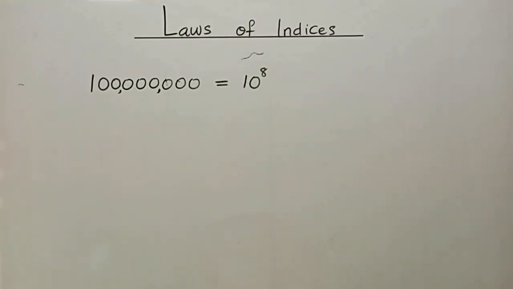And in mathematics, we're always interested in saving energy, saving space, and saving time. It is therefore important to note that indices were invented for saving these three things. That is space, energy, and time.